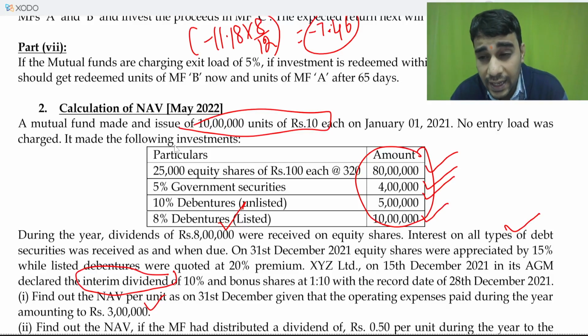Again, I am not very sure on the law part, but I assume that bonus shares would have got allotted to me on the record date. I may check this part and let you know about the legal side. That is something you learn in securities law. If SEBI rules say something, that has to be followed.